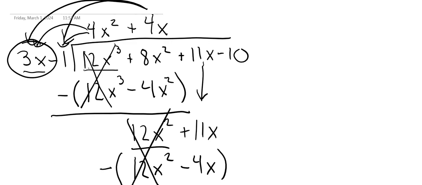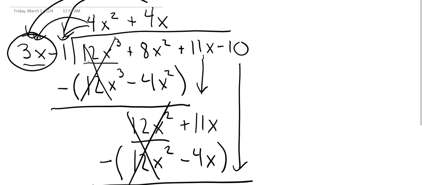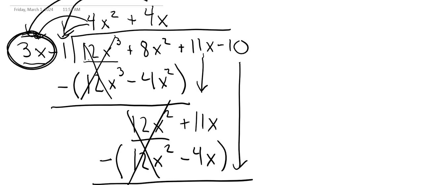We have 11x minus a negative 4x, 15x, and this 10 comes all the way down, minus 10. And so we still have one more to do, right? So now we're asking ourselves, this 3x times what will get me a 15x? In this case, just a plus 5.